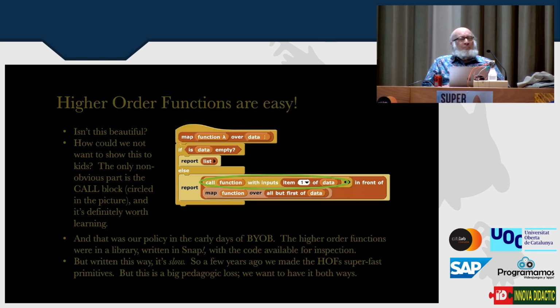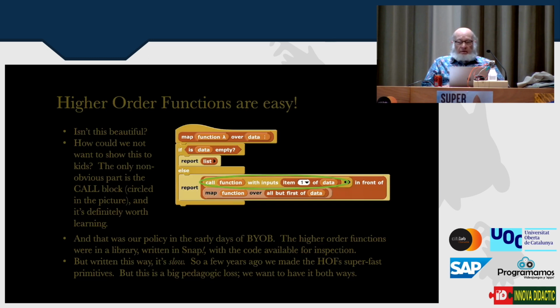That didn't used to matter before we started dealing with large amounts of data, like all the pixels in a costume, say. That's a lot of pixels. And if you're going to walk through them, you want it to be fast. So a few years back, version 7, was it? Anyway, we turned the higher order functions into super fast primitives.